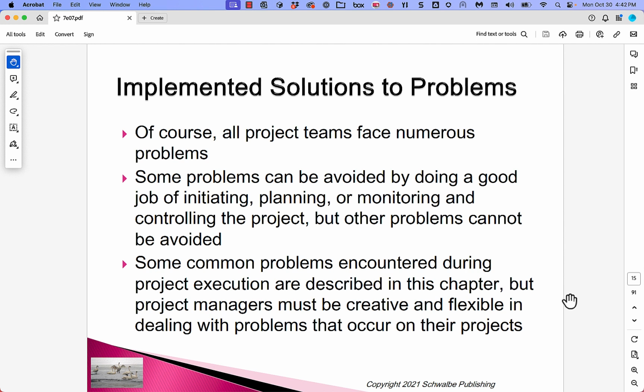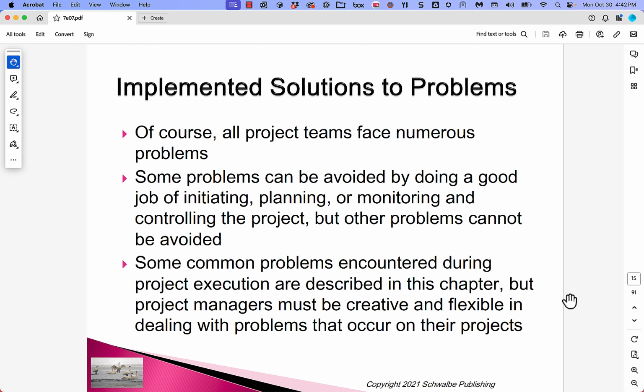We need to implement solutions to problems. Problems happen every day. Some people who are project managers might describe their job as just kind of solving problems all day long. Some people enjoy that, some people hate it.